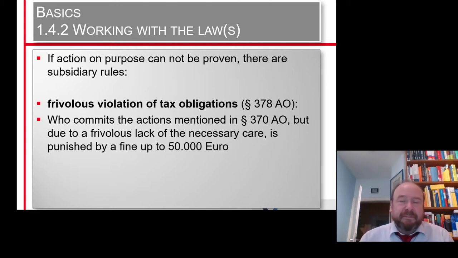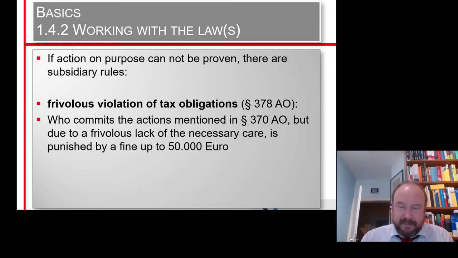For example, if the judge thinks, okay, it might be that you did not act on purpose, but you showed a nearly criminal negligence of care, or a really intolerable amount of idiotic carelessness, then you can be punished for that carelessness and neglect. Then prison is out, but then a fine up to 50,000 euro comes in. So you will not walk away free.